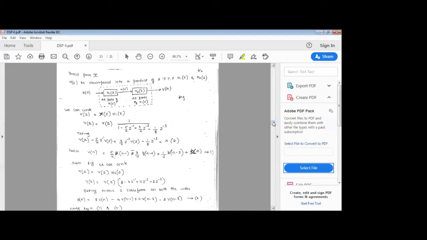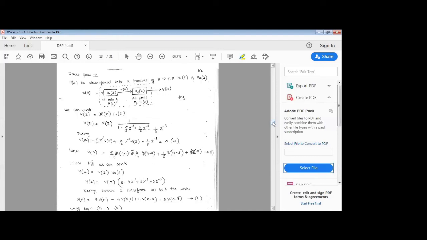What is this H1 of z? I am calling all the poles H1 of z and all the zeros H2 of z.